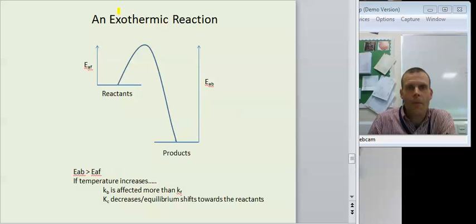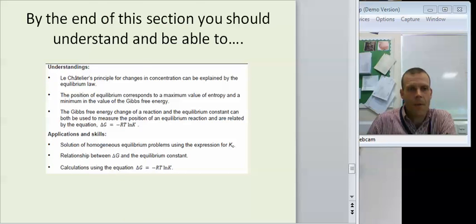You can see that my activation energy for the backward reaction is considerably bigger than the forward reaction. So if I was to increase the temperature, the rate constant for the backwards reaction would be more affected than the one for the forwards, and as a result my value of Kc drops. My equilibrium is shifting towards the left. Right, so we can see that temperature will affect the value of Kc. Okay, that's what we've covered.